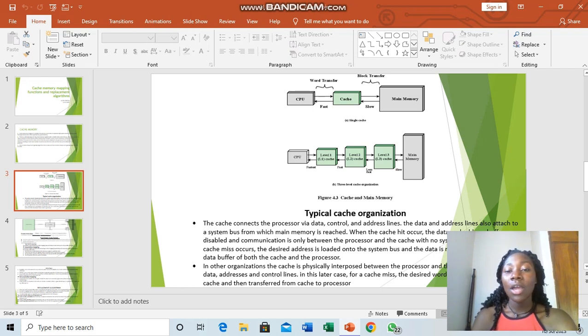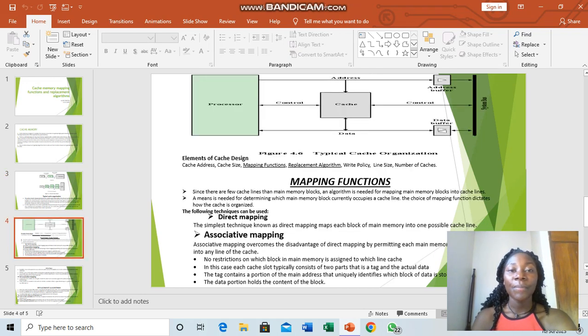In this latter case, for a cache miss, the desired word is first read into the cache and then transferred from the cache to the processor. This is how the cache connects to the processor: via the address, the control, and the data lines.